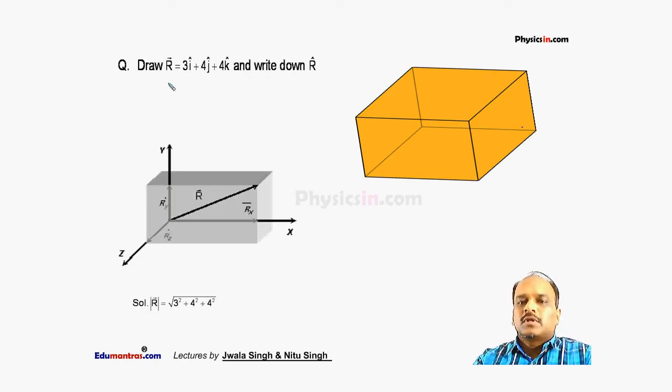Now see how to write vector R, that is equal to 3 i cap plus 4 j cap plus 4 k cap. Now first we will draw x axis, y axis and z axis. This is our x axis, y axis and this is z axis.